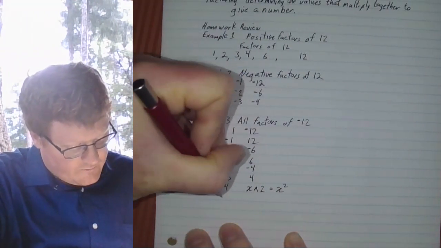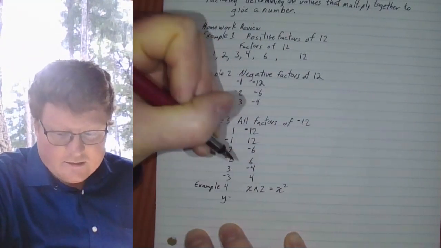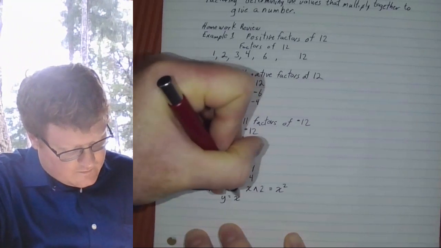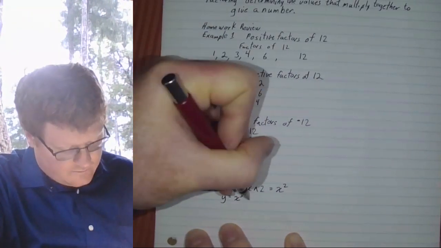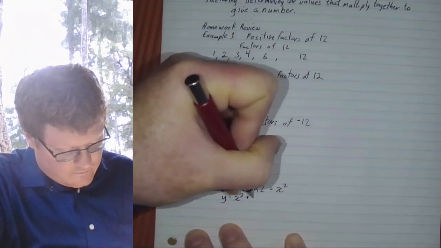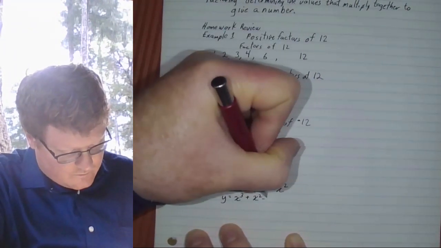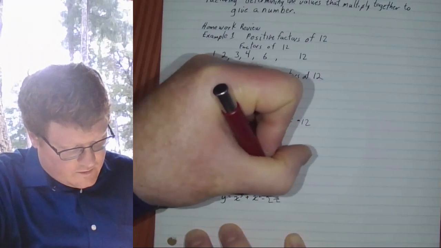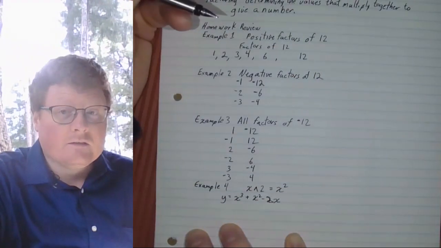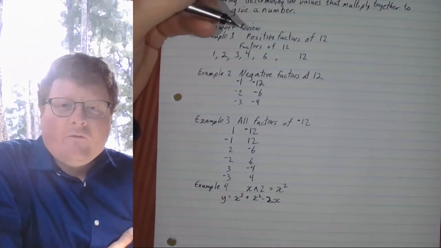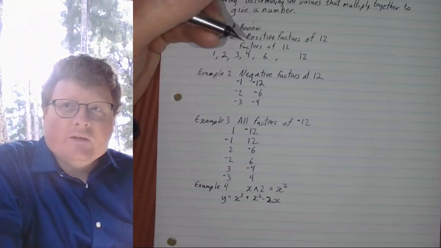Okay, so I gave you the relation, the function y equals x cubed plus x squared minus 2x. So we want to factor something out of this. We want to be able to break it down.